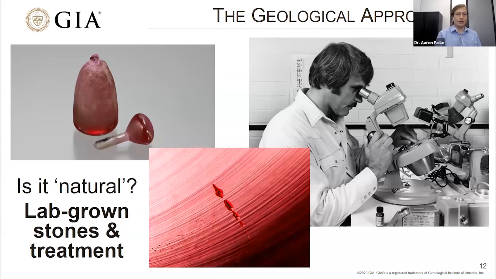They grow them in these boules, these synthetic lab-grown rubies that have these cylindrical shapes to them. And so all of a sudden he can make a confident call that this is a lab-grown ruby based on the inclusions within the stone. So he took this geological approach to try to understand the formation conditions of these gemstones to get an idea of providing some information about what this stone actually is. Is it natural?